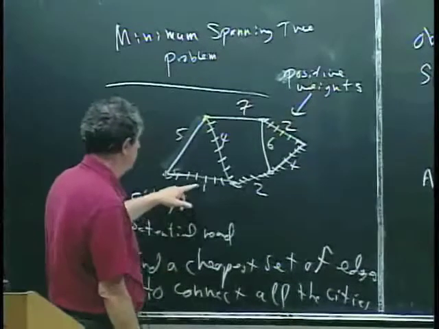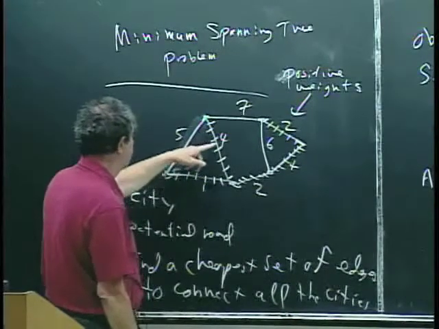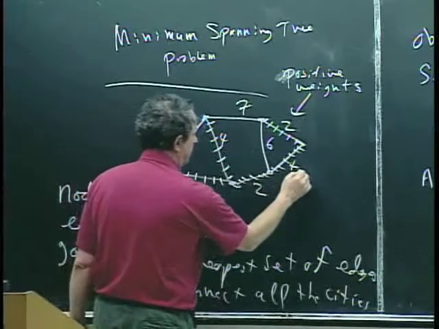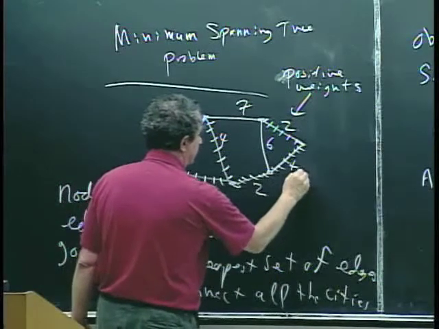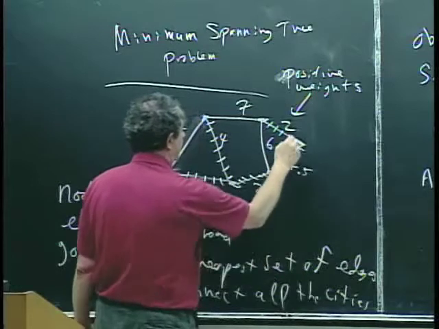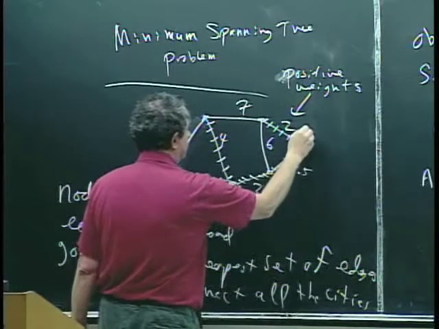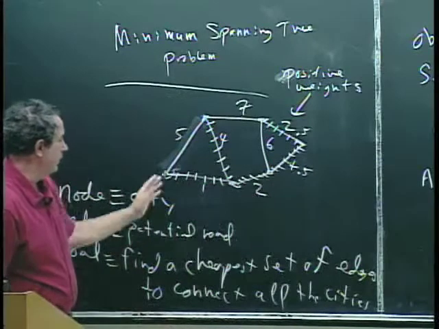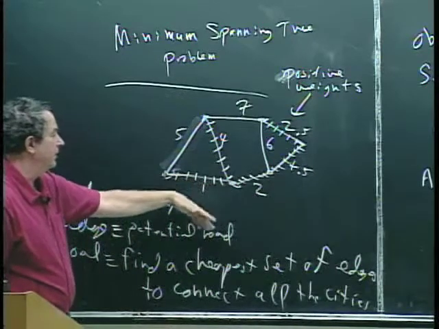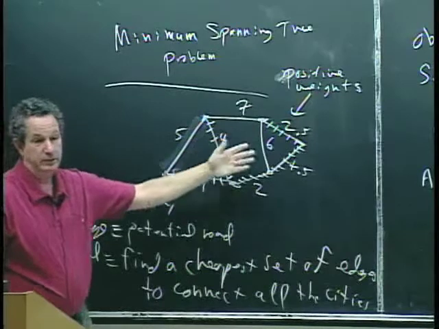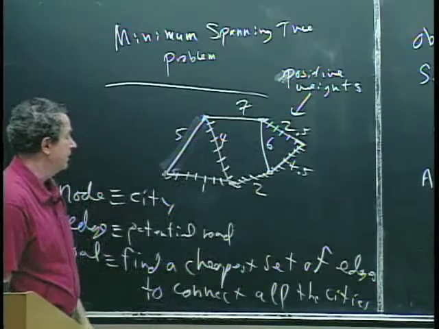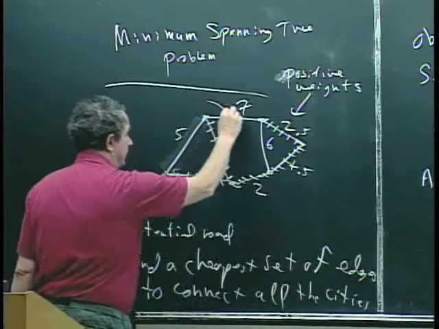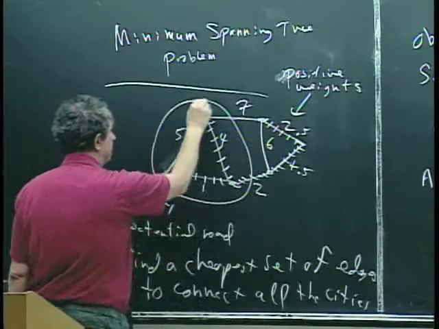Now in this little example, I did have some duplicate costs, so let's let this be 4.5, and this be 2.5. Now all the costs are different, and this still looks like the minimum spanning tree. Let's take a look at this subset of nodes.